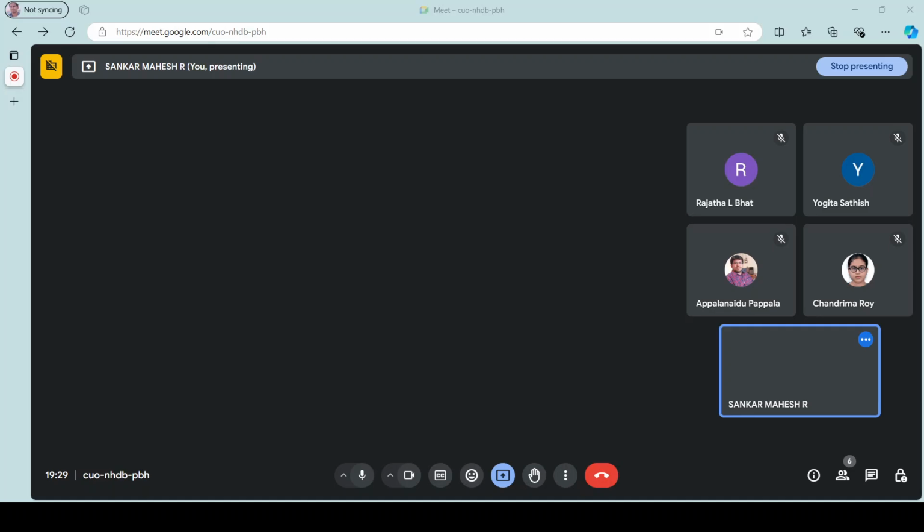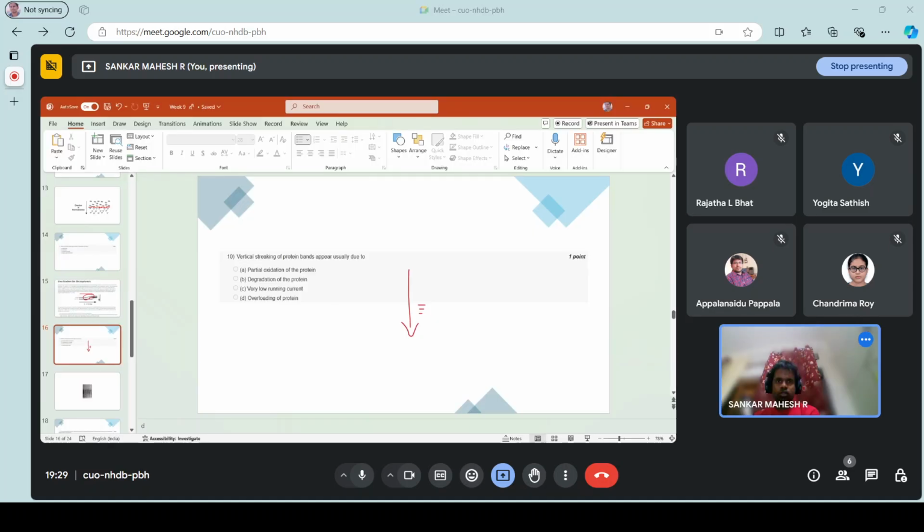Okay. What else? Would the current really matter? Sir, it would lead to poor separation of bands. So the resolution would be bad. So the molecules will be closer.